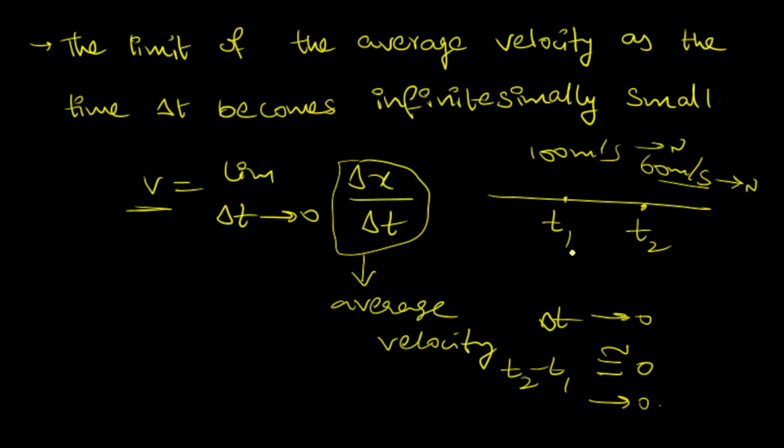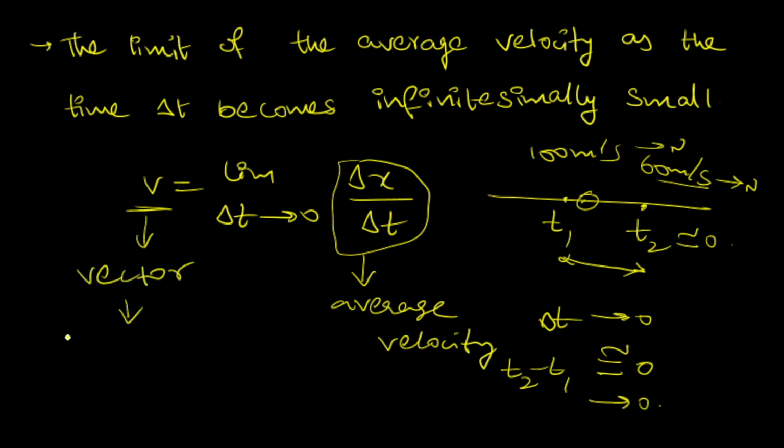If the time interval, the difference between t2 and t1, is approximately equal to 0, we will come to a particular time. There is no time interval anymore, only a particular time. The velocity of the car at that particular time is called instantaneous velocity. Okay? And it is a vector quantity.